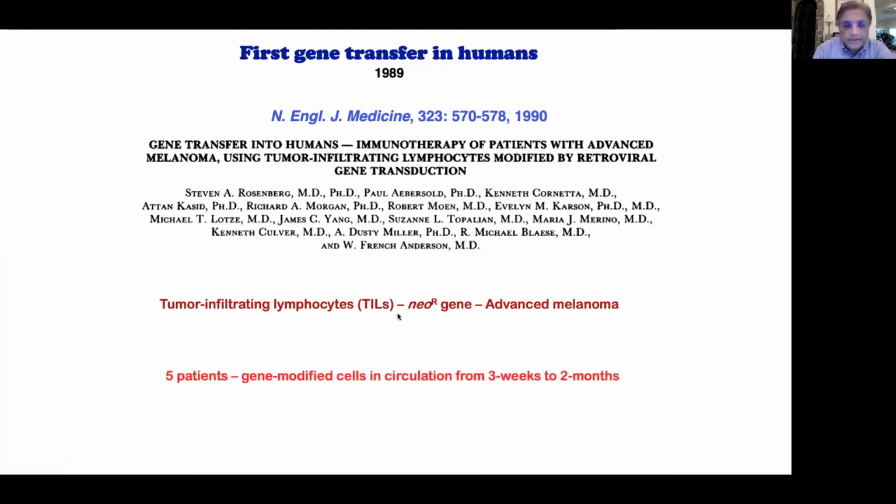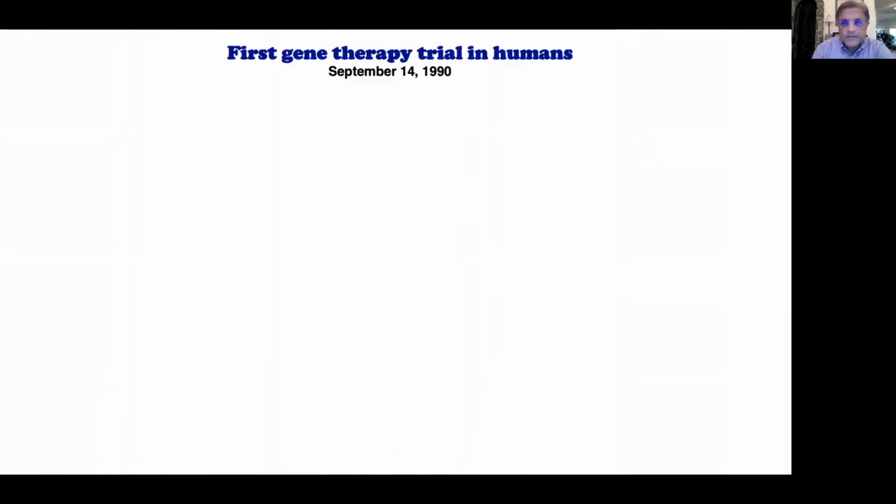And they showed that in the 5 patients that received their own T cells, the gene-modified cells were in circulation from anywhere between 3 weeks to up to 2 months. So this established the principle that perhaps genes could be delivered back into the patients using their own cells, and of course, using a retroviral vector. So the very first human gene therapy trial in humans was performed on September 14th, 1990.